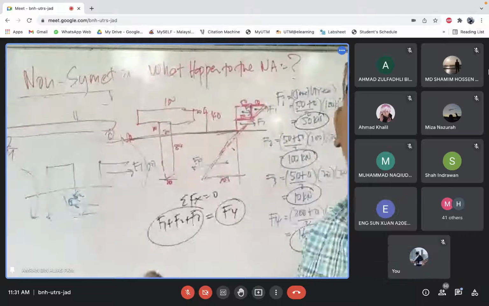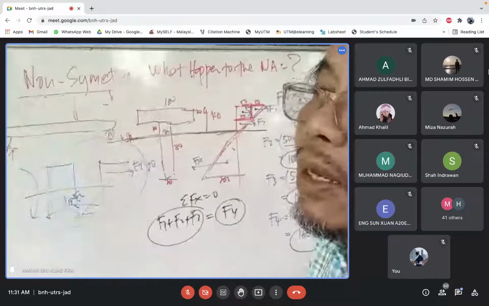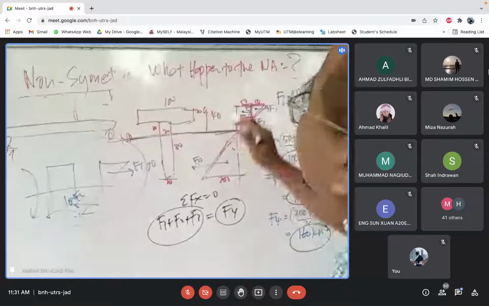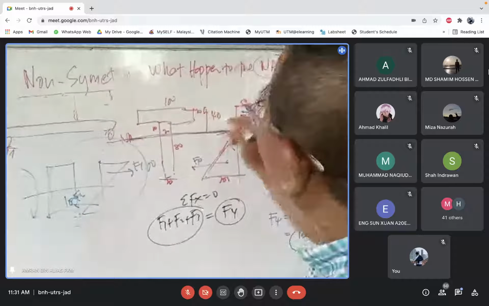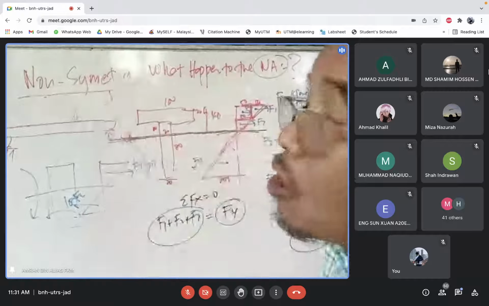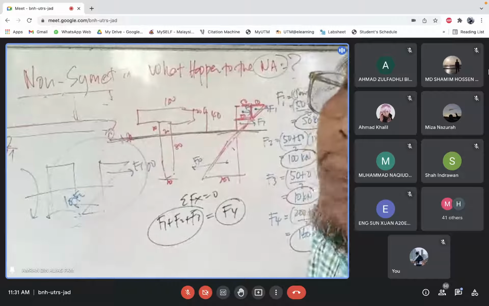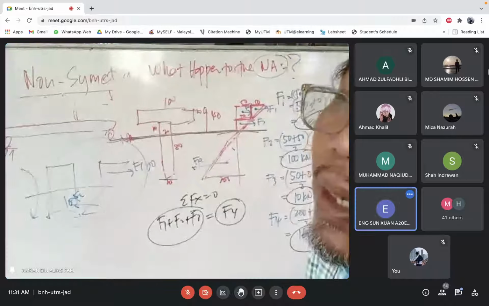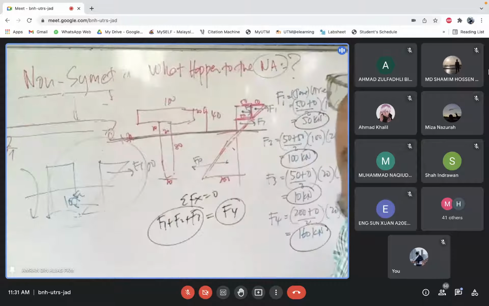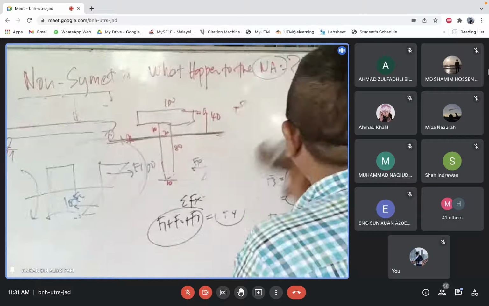Now let us look at the partial plastic. If we assume the neutral axis stays there, can we draw the fully plastic? Fully plastic is much easier than the partial plastic, right? So, can we draw the fully plastic diagram? Let us do it.